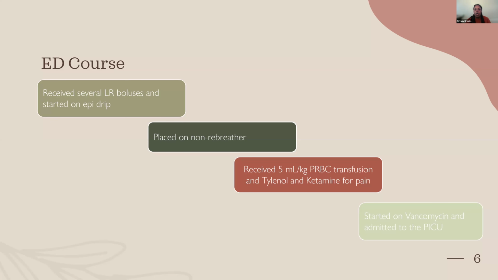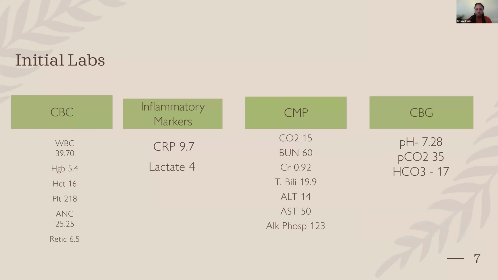She was also placed on a non-rebreather. Due to low blood pressures, she received 5 mL per kg of a transfusion. For her pain, she received Tylenol and ketamine, and she was admitted to the PICU for concerns for septic shock.